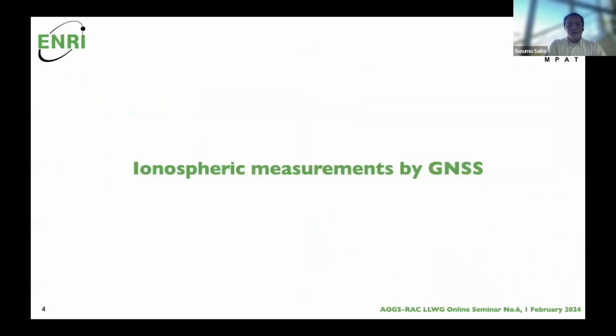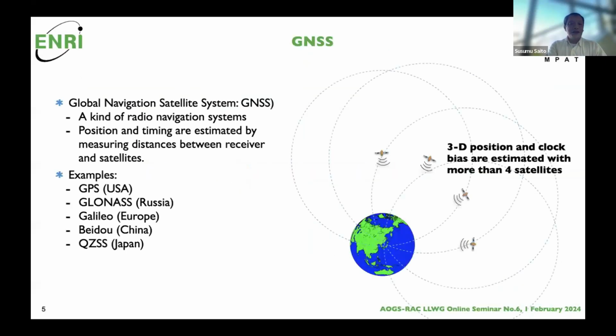So let's go to the basics of the ionospheric measurement by GNSS. As most of you know, GNSS, or Global Navigation Satellite System, is a kind of radio navigation system, and position and timing are estimated by measuring the distance between the receiver and the satellite.